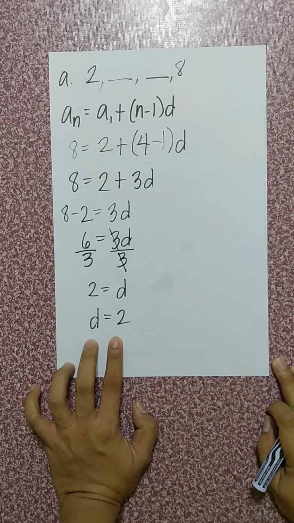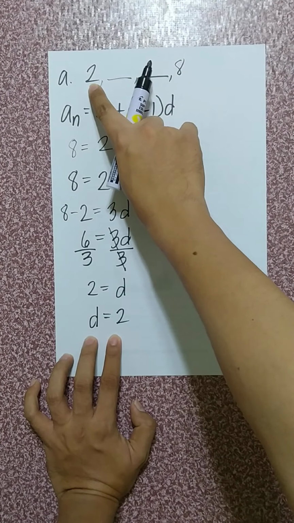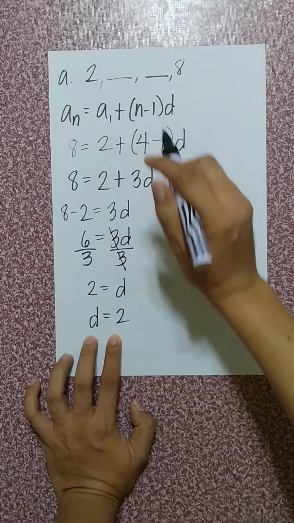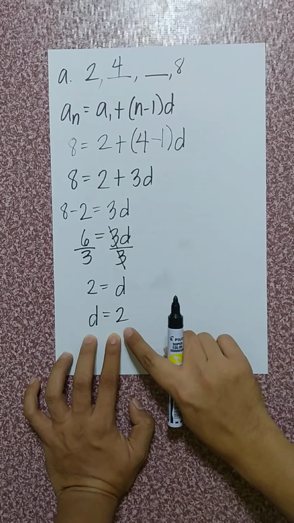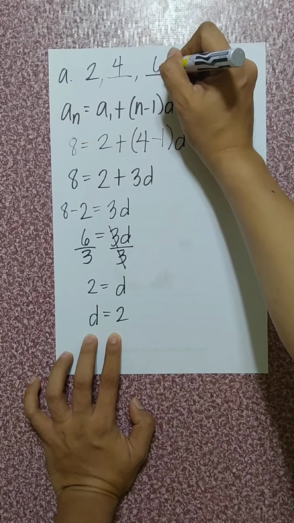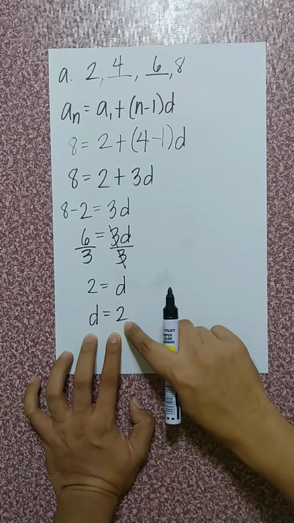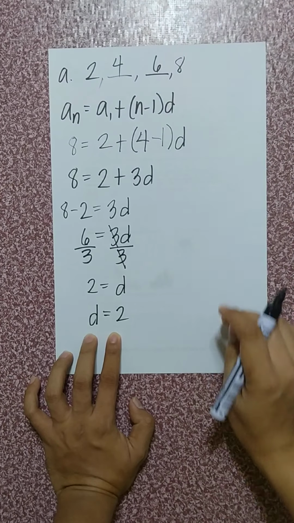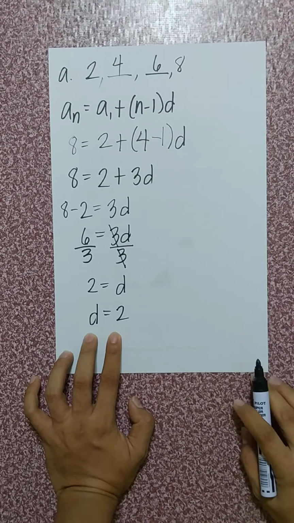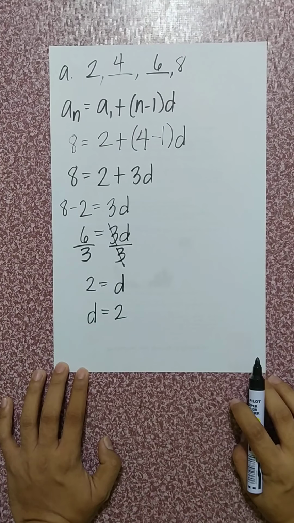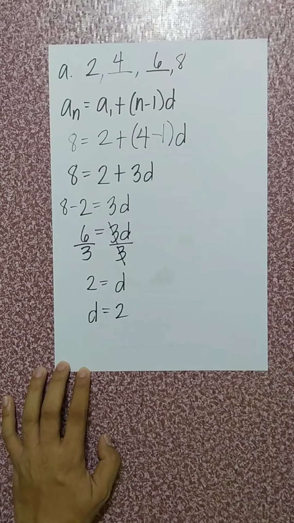Just simply add 2 plus 2, we have 4. And then 4 plus 2, we have 6. 6 plus 2, we have 8. So the arithmetic means that we're looking for is 4 and 6. Okay, now let's proceed to second example.